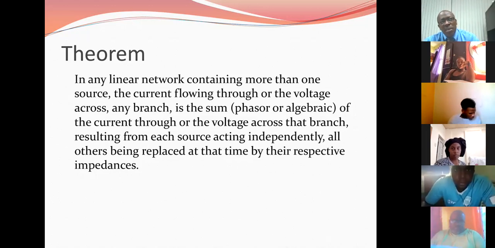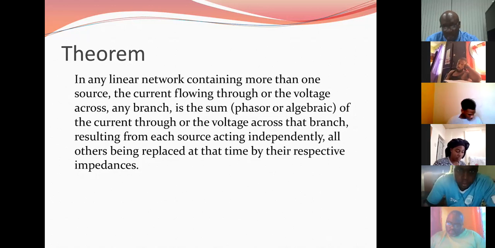The point I'm making is that we can apply the theorem at this level, which, for this module, we'll only be doing phasor sums. So we can apply the phasor or algebraic sum of the current through or the voltage across that branch, resulting from each source acting independently, all others being replaced at that time by their respective impedances.